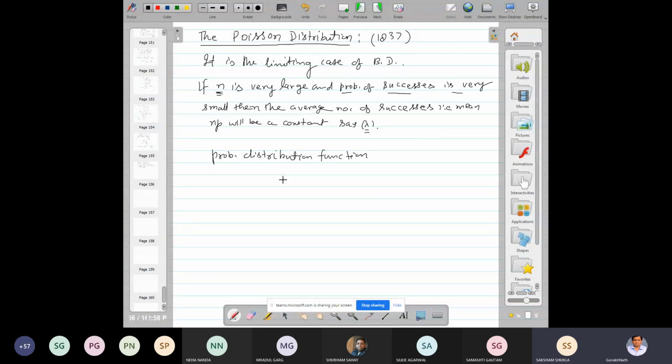The probability distribution function, suppose we define P(X = x) is equal to e to power minus lambda into lambda to power x upon factorial x, for x equal to 0, 1, 2 up to infinity, is called the Poisson distribution with parameter lambda.